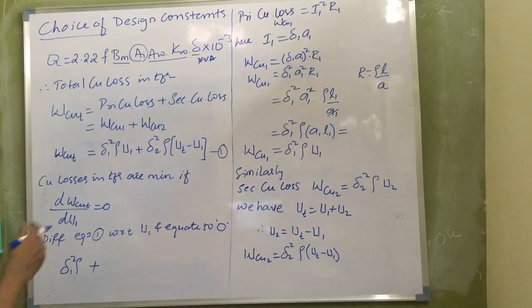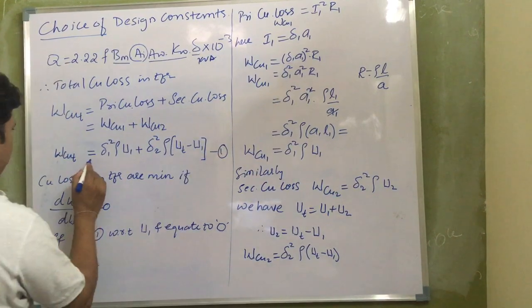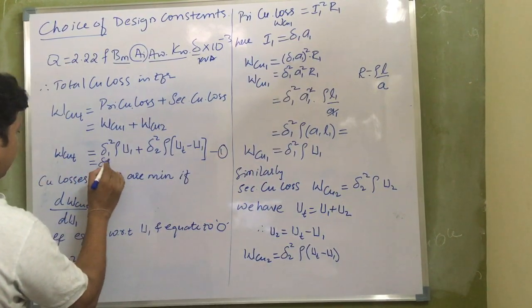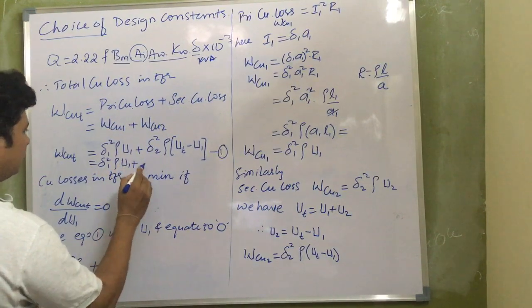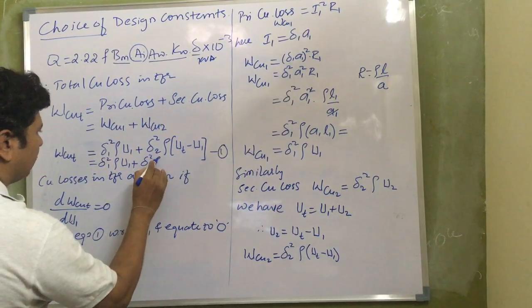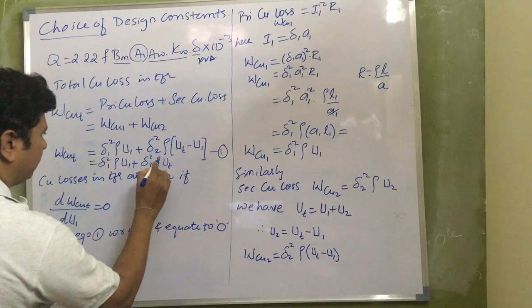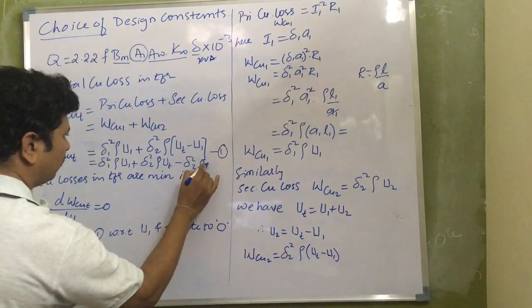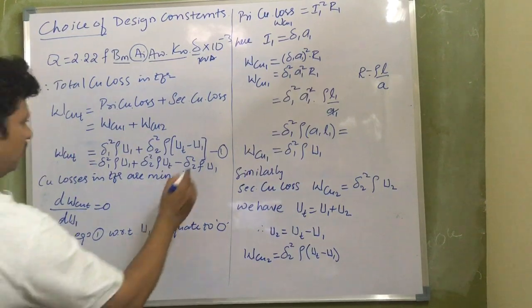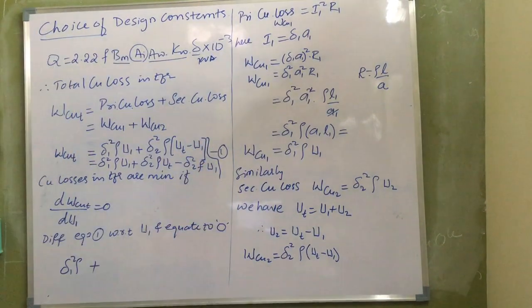Or if you want, you can open the bracket and rewrite: delta 1 square rho U1 plus delta 2 square rho UT minus delta 2 square rho U1.